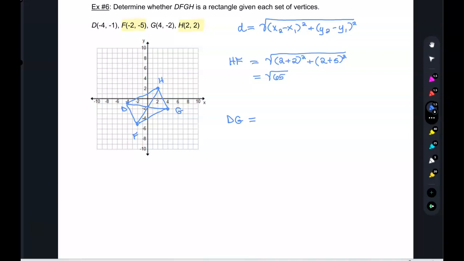So now let's look at D and G. I'll let you guys go ahead and try that next one. Do we get the same thing or something different?